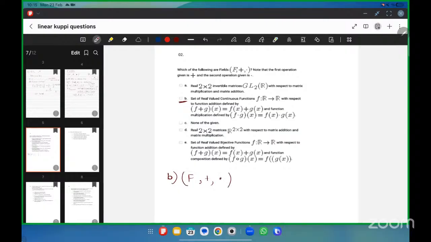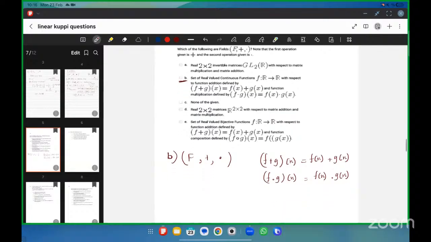They define the plus as f plus g is equal to fx plus gx, and f dot g is equal to fx dot gx, and they said these f and g are real valued continuous functions, so we can't get any discontinuous point in that function.